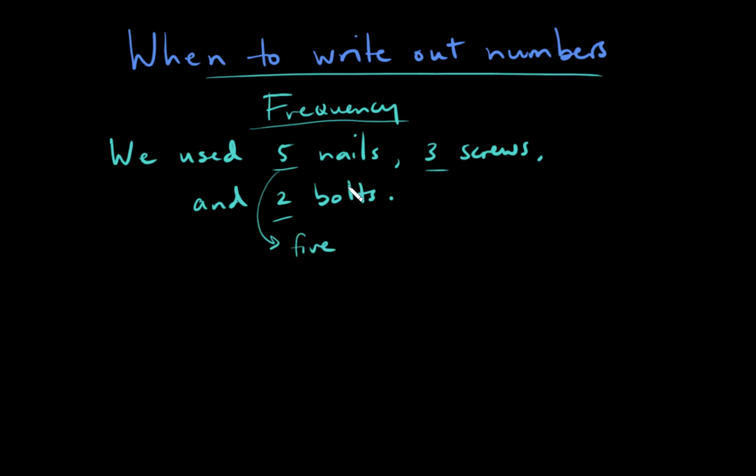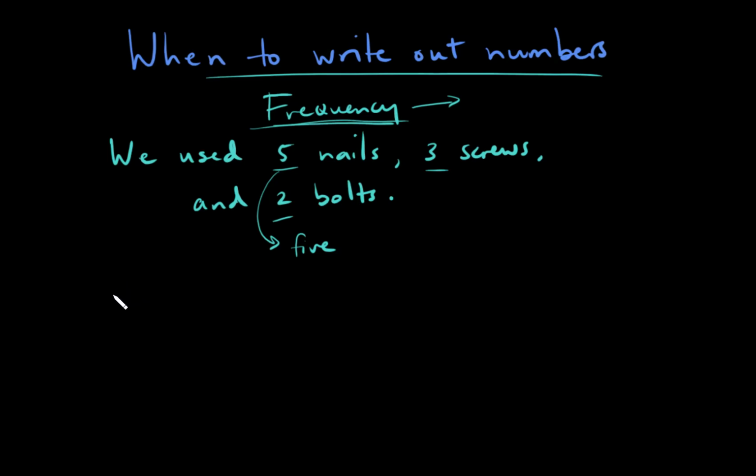And even though these are not specific measurements or stats, which is our second rule, we've still left them in numeric form, and that's fine because of the frequency of numbers here. But this is obviously a judgment call. If you think it's easy enough to write them out, then that's totally fine. I think this is really a toss-up, but at least it gives you the option. So if there is a certain frequency of numbers, you are allowed to leave them in numeric form.